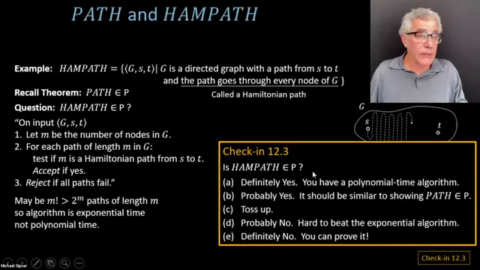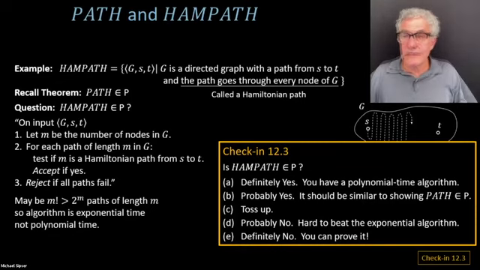Can you show that problem is solvable in P? There's a whole range of possibilities here, where either the answer is yes, you can see what the polynomial time algorithm is, or definitely no, where you can prove there is no such polynomial time algorithm. I'll put this as a check-in for you and I'm curious to see what you come up with.